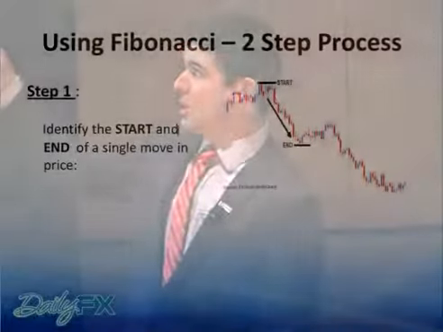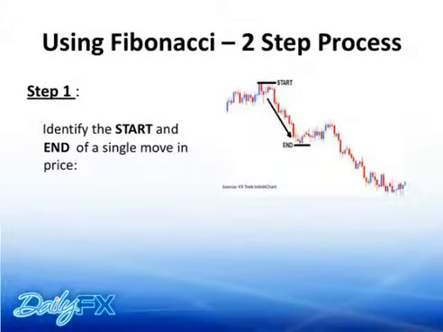Now, setting this up and actually using the analysis is very easy. It's a simple two-step process. You essentially identify the beginning of a single move in price. In this case, right here. Okay? You identify where that move began to move in the opposite direction.